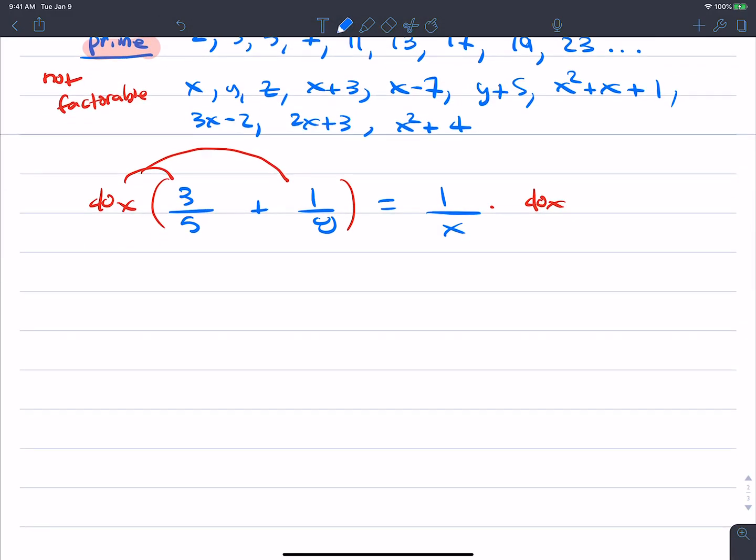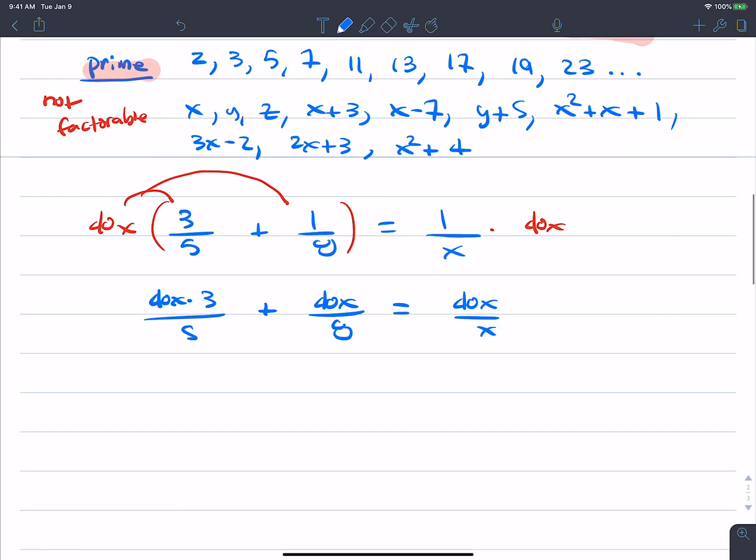So when we distribute, you notice we get 40x times 3 over 5 plus 40x over 8 is 40x over x. So again, the benefit of using the LCM will always be what you guys see now.